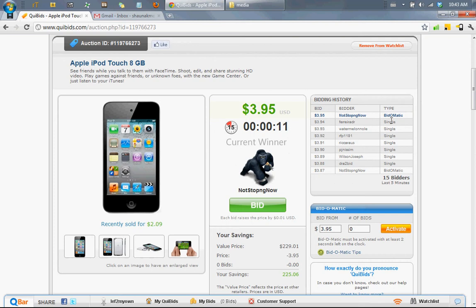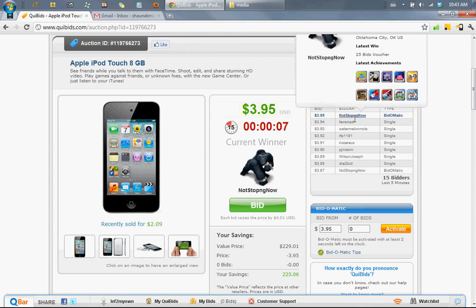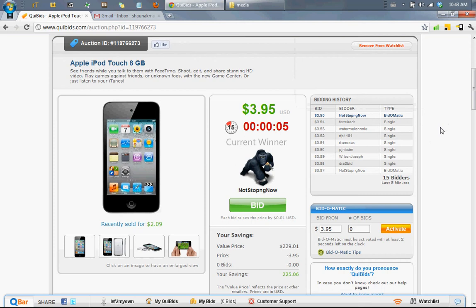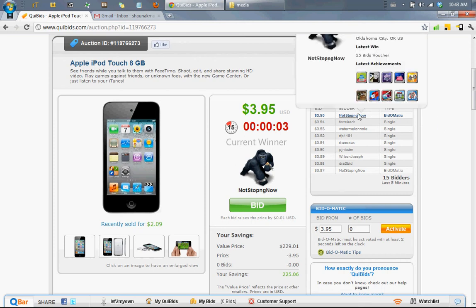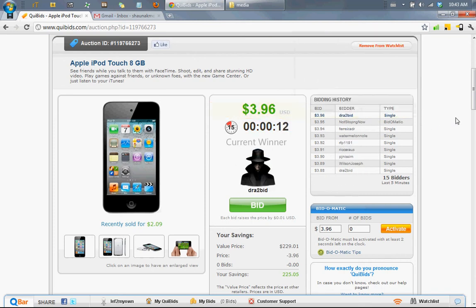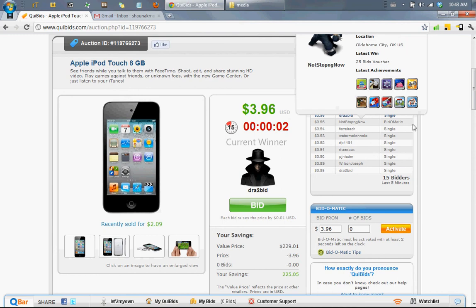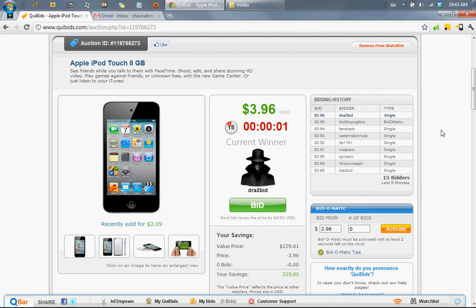So currently we have one Bidomatic person, and they just happen to be not stopping. Most of the people that have names like that don't think that they have 2,000 bids in their pocket or anything like that. Most of them name themselves that to intimidate other bidders.